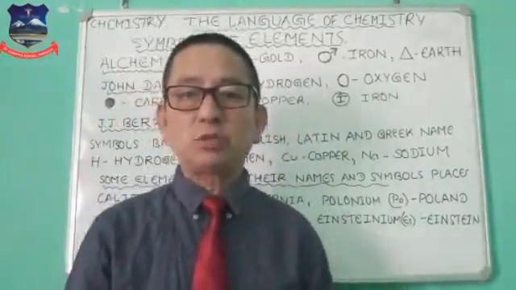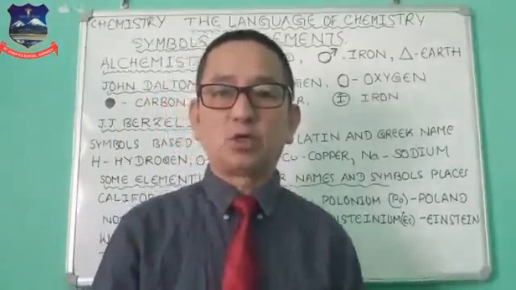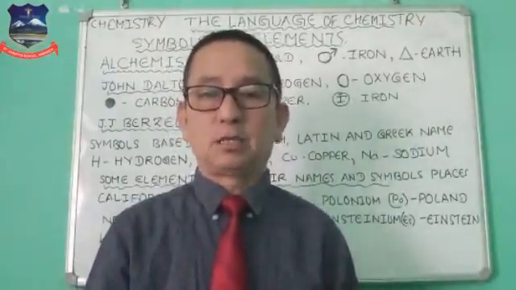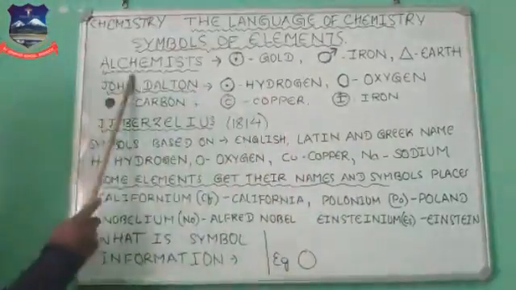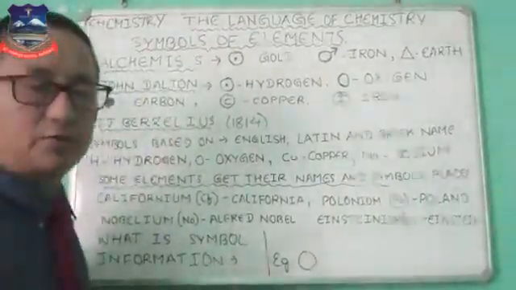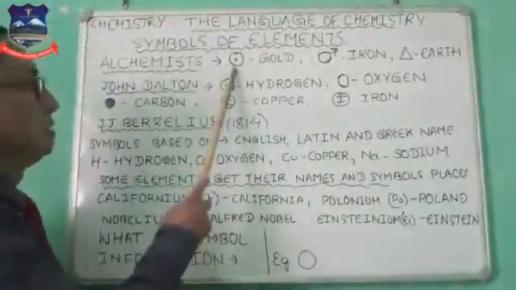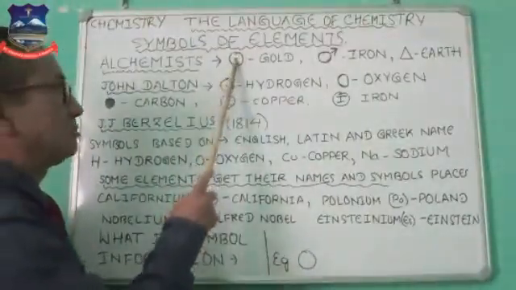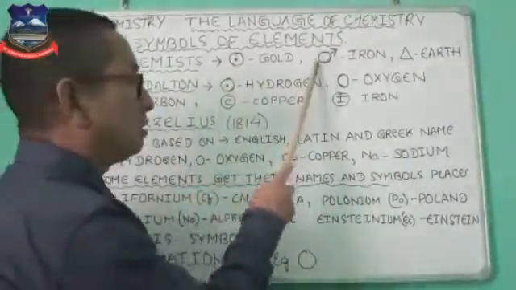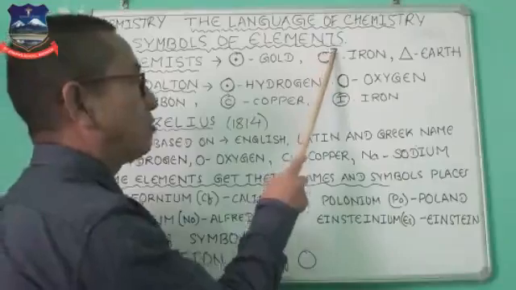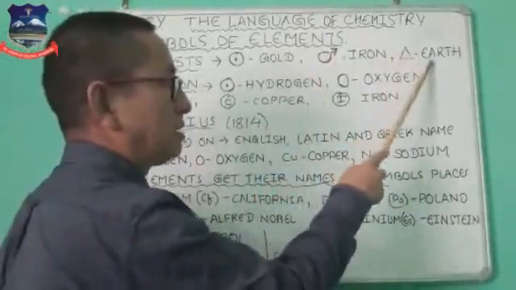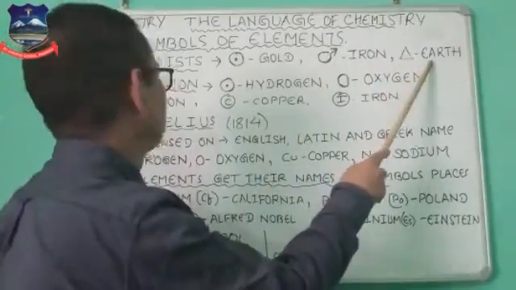They used symbols of different substances to keep their work secret. Alchemists used pictorial symbols to represent different kinds of substances, like a dot at the center of a circle represents gold. A circle with an arrow mark represents iron. A triangular shape represents earth.